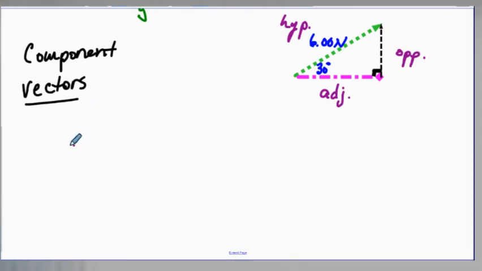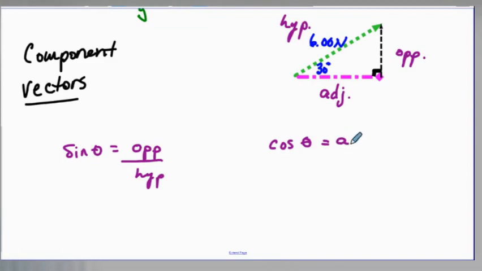Well, I know that the sine of theta equals my opposite over my hypotenuse, and that my cosine of theta equals my adjacent over my hypotenuse. And since I'm trying to find my opposite and my adjacent sides, I'm going to do a little bit of algebra here. I'm going to say it's my hypotenuse times the sine of theta equals my opposite.